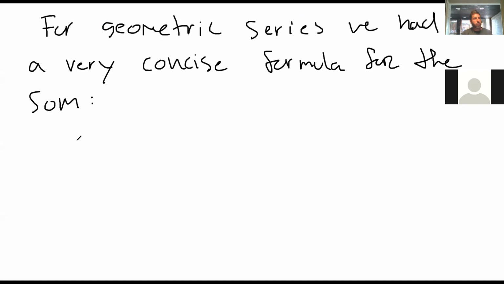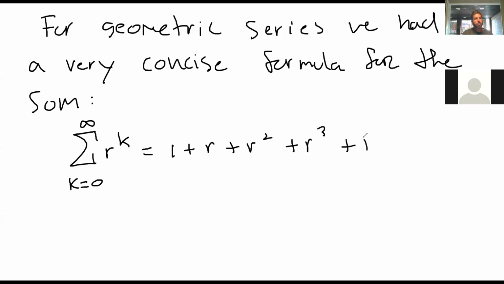So if you remember what a geometric series was, that was a series of the form, you take a number and you raise it to a power. So for example, this would be 1 plus r plus r squared plus r cubed plus r to the 4th. And that pattern goes on.